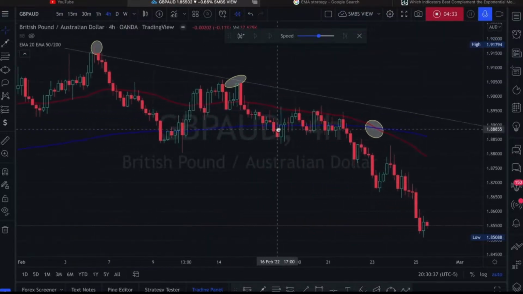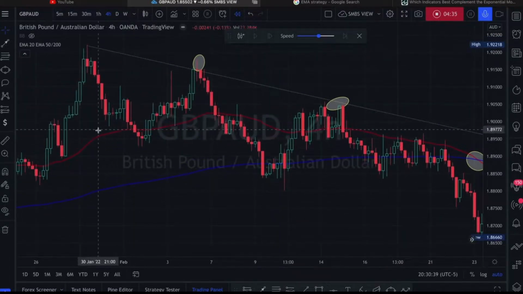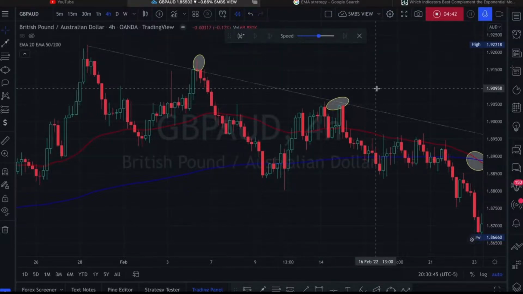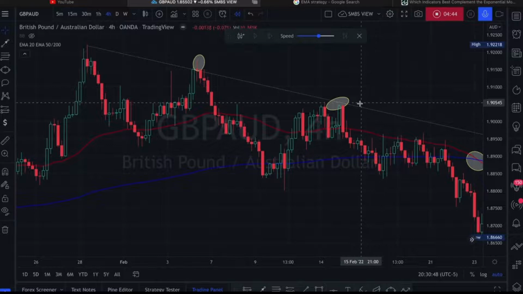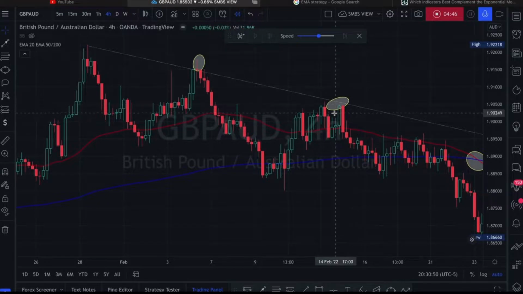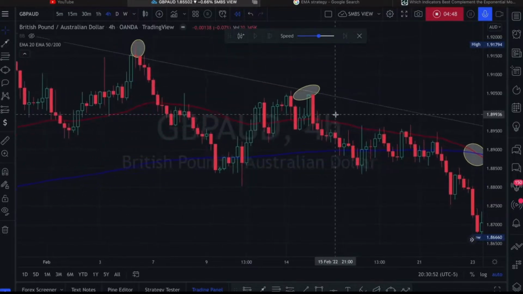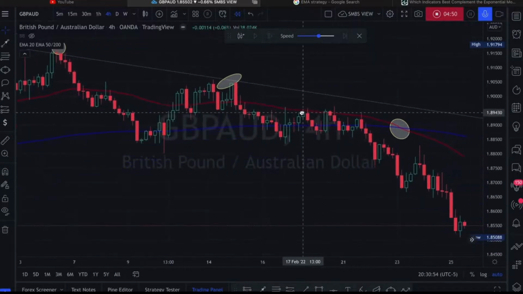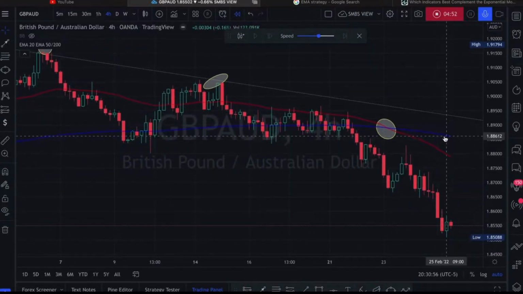And exactly as I explained here, you stay in the trade until price hits the slow moving average, and that's an indication for me as a trader to get out of the trade. So because I'm swinging the trade, I'll continue staying in the trade as long as it takes until I get a confirmation.